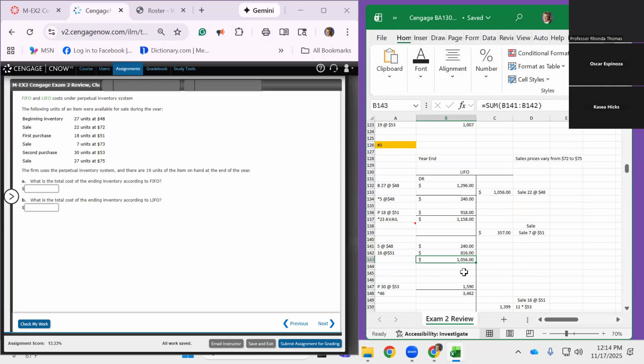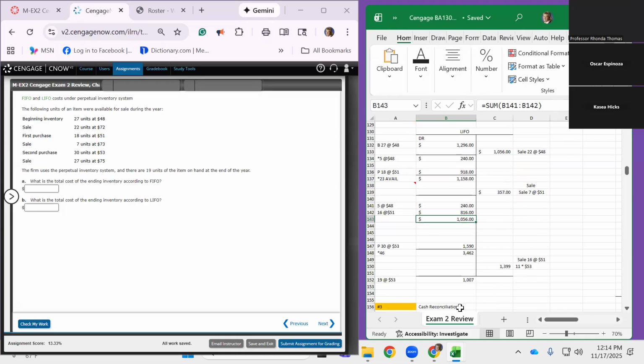So the next sale is after the purchase, after the second purchase. No. Okay. So we've got beginning, sale, purchase, and now we need a sale. Okay, we need a sale of 27 units.